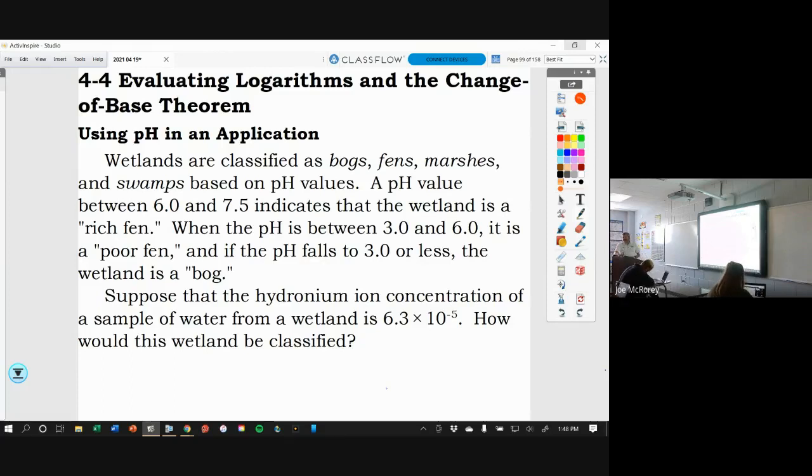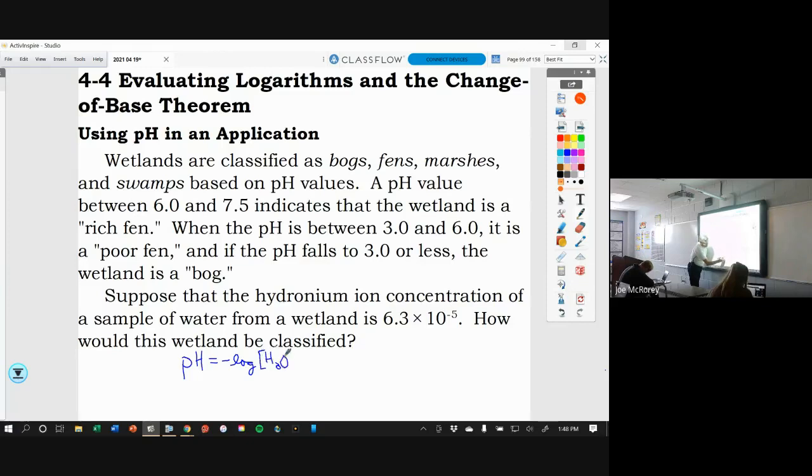What's the equation? pH equals negative log of hydronium.